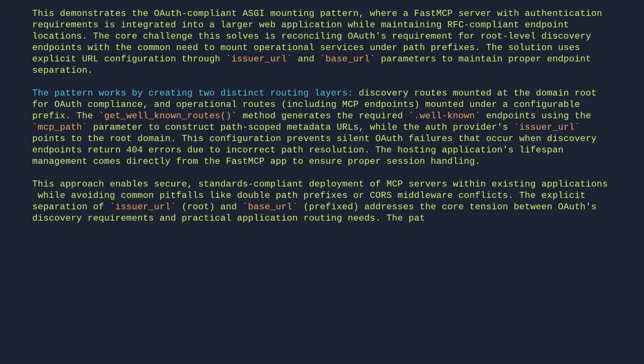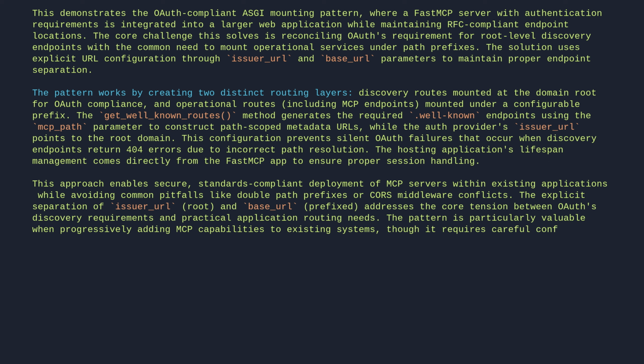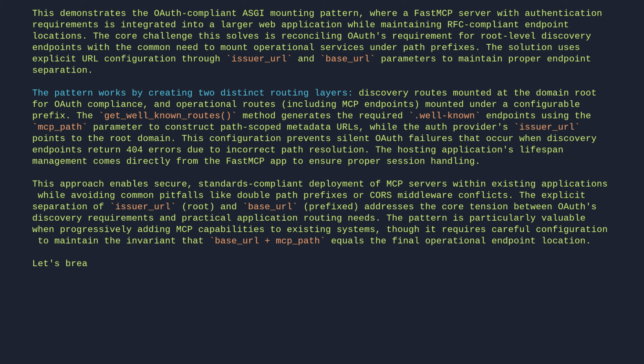The pattern is particularly valuable when progressively adding MCP capabilities to existing systems, though it requires careful configuration to maintain the invariant that base URL plus MCP path equals the final operational endpoint location. Let's break it down line by line.